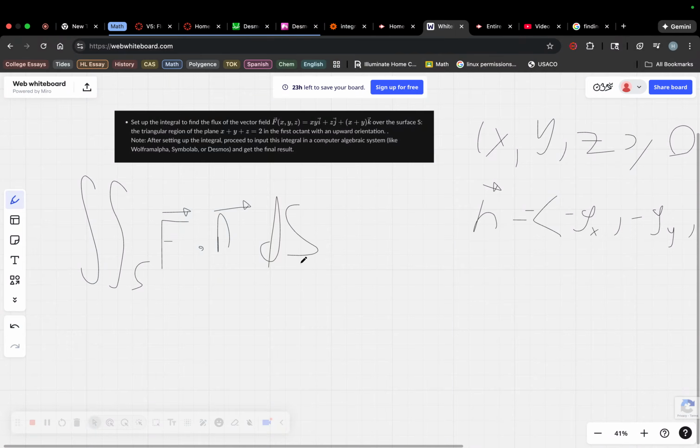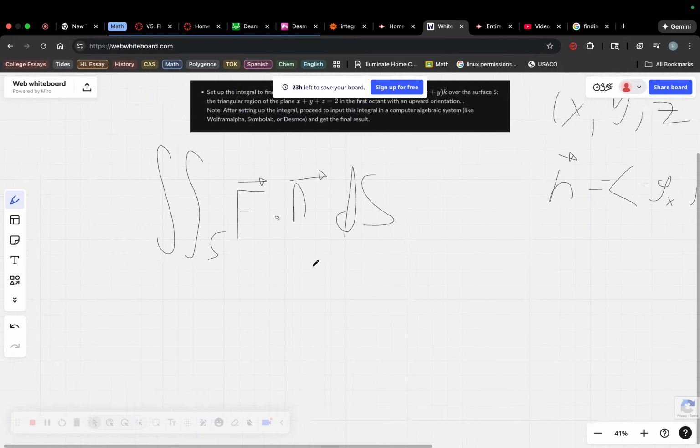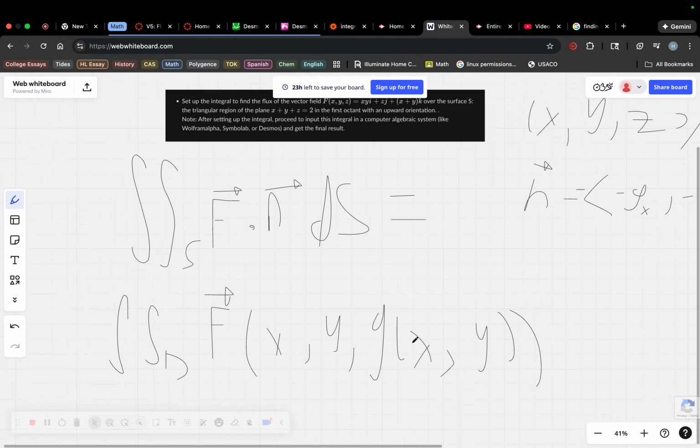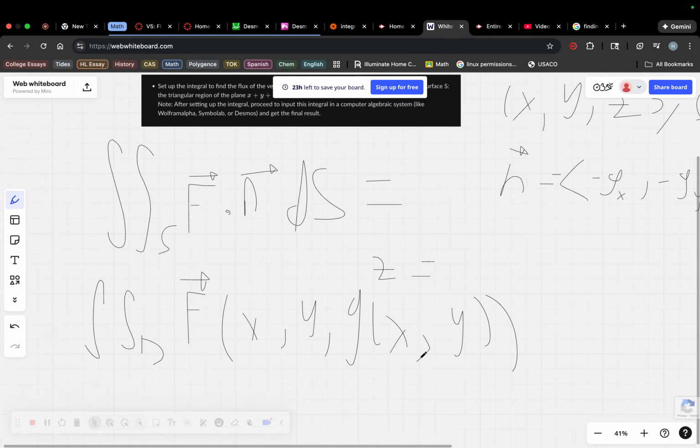Okay, and then this is the same thing as, it's just rewriting everything we have: x, comma y, comma g of x, comma y, because z is equal to the function of x comma y.